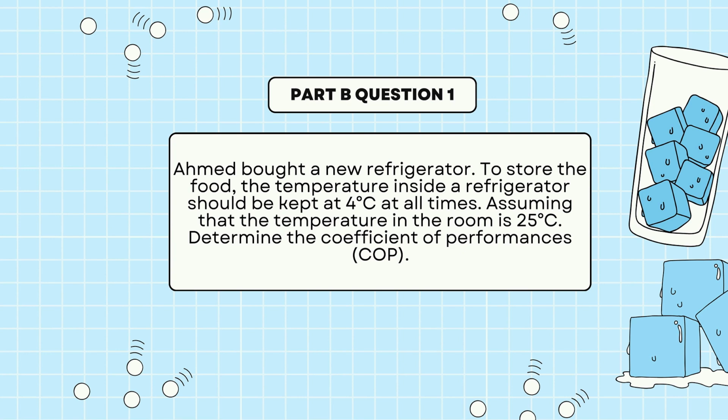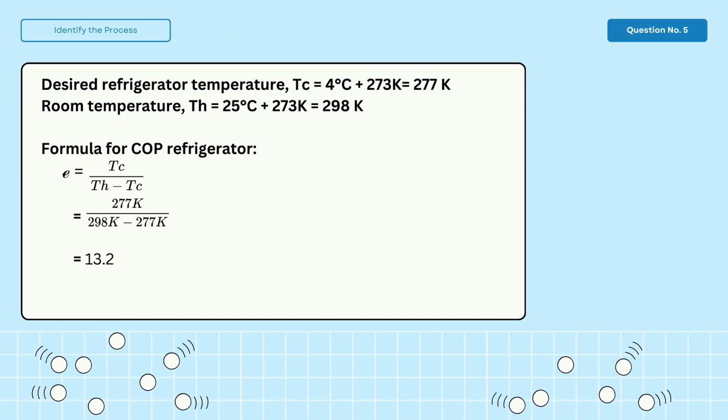To answer the question, we need to know what formula we need to use and identify what information is given. The coefficient of performance, COP, of a refrigerator is defined as the ratio of heat removed from the refrigerator to the work input required to remove that heat. The question stated that the desired refrigerator temperature, which is TC, is 4 degrees Celsius, and the room temperature is 25 degrees Celsius.